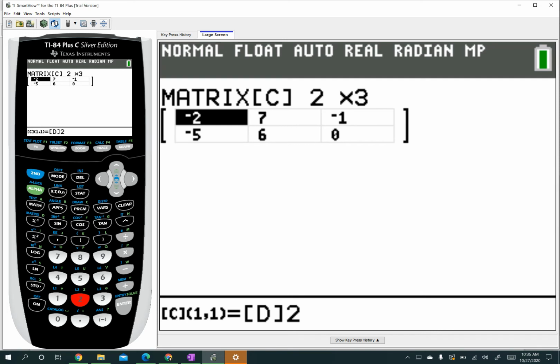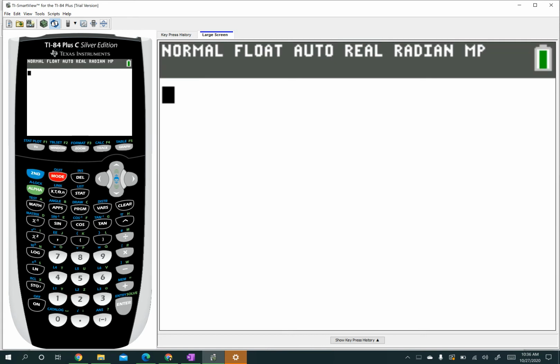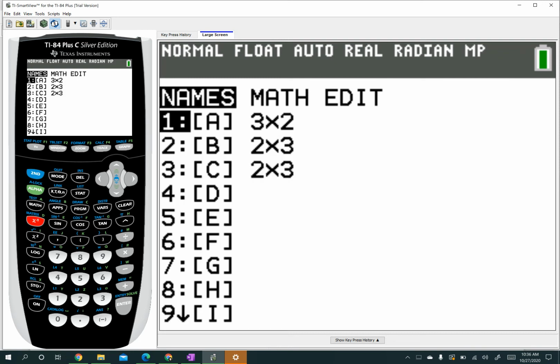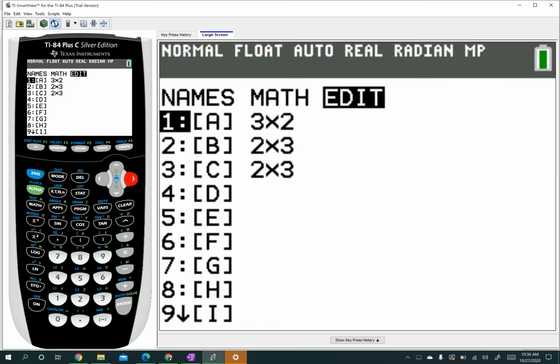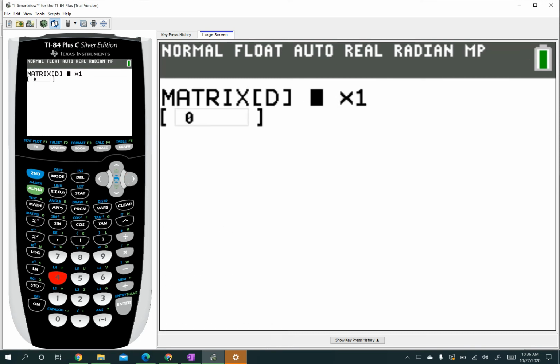Uh-oh, I hit the wrong button. Clear. So 2. No, this should be negative 2. I hit the wrong button, so let's get to the right place here. Matrix D is a 2 by 2.